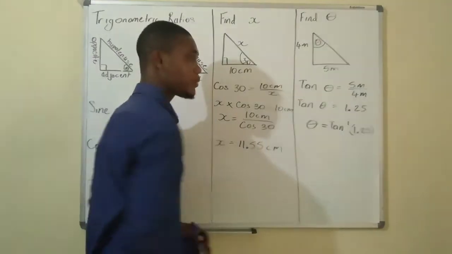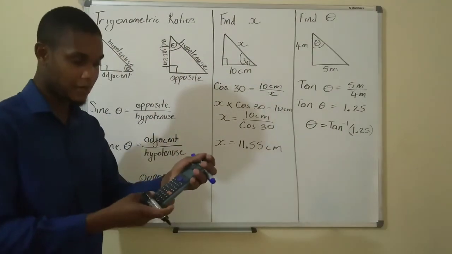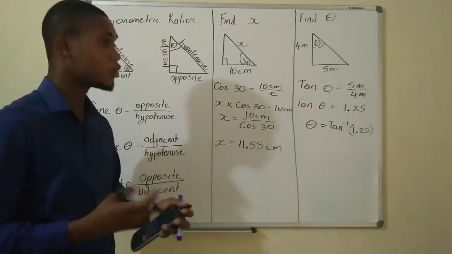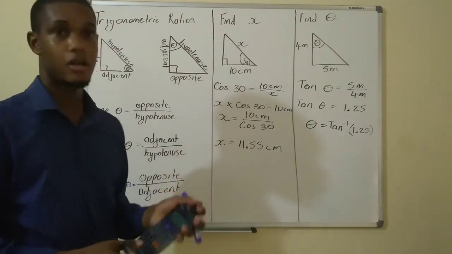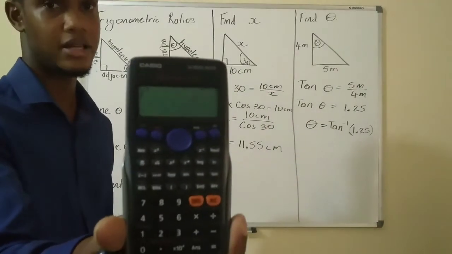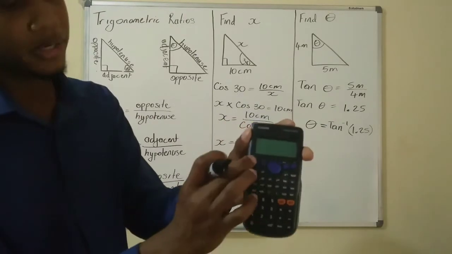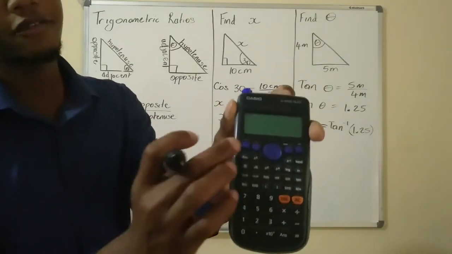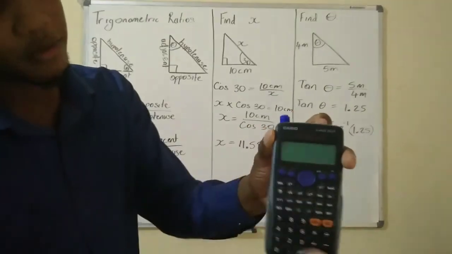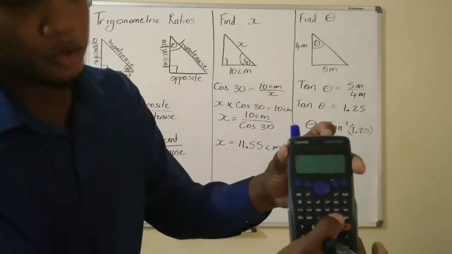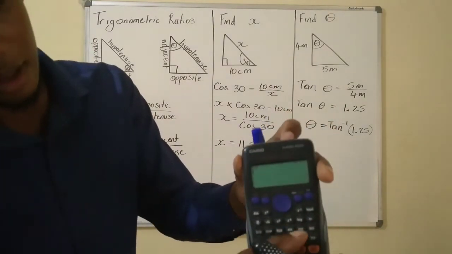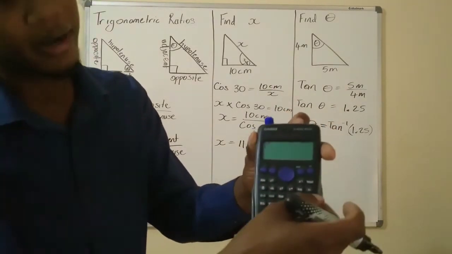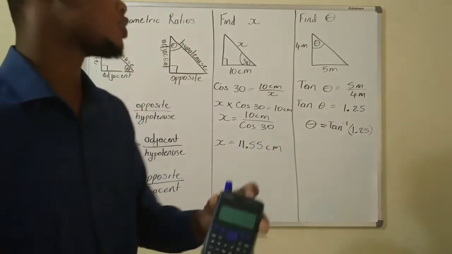When you get to this part, you'll just type it in on your calculator. If it's a Casio brand like the one I am using, you'll just press shift and then search for what you want. If you want sine, you'll search for sine; if you need cosine, you'll search for cosine; and if you need tangent, you'll search for tangent.